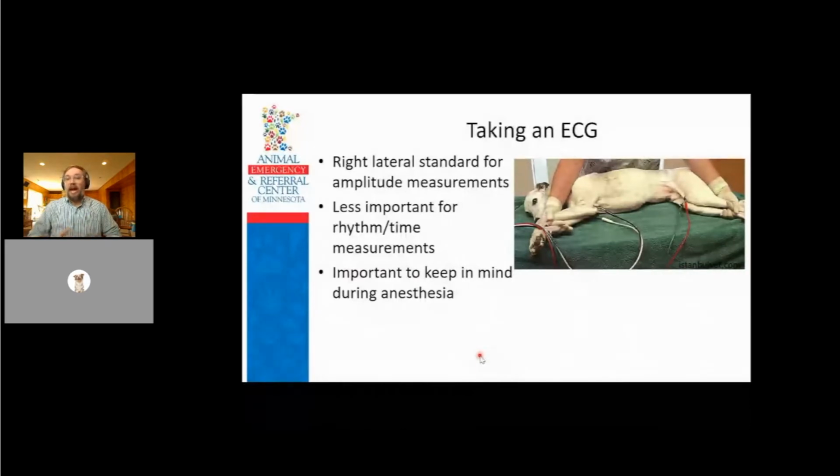We just need to keep in mind that if they're not in right lateral, the amplitude measurements may be off. But we can still say, is the heart rate fast, is it slow, what arrhythmia is going on. It's important to keep in mind in anesthesia too. If you have them on their back and the ECGs look negative, maybe it's a conduction abnormality, or maybe it's just positional. So again, not critical, but something to keep in mind as far as amplitude measurements. Most of what we're going to be talking about is rhythm, so right lateral is less important.